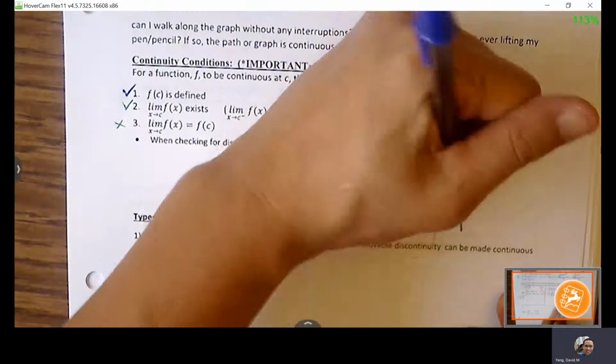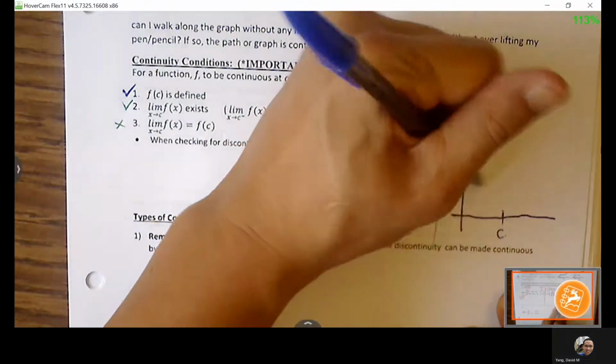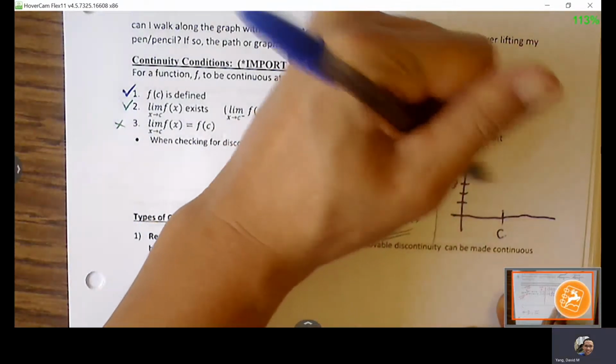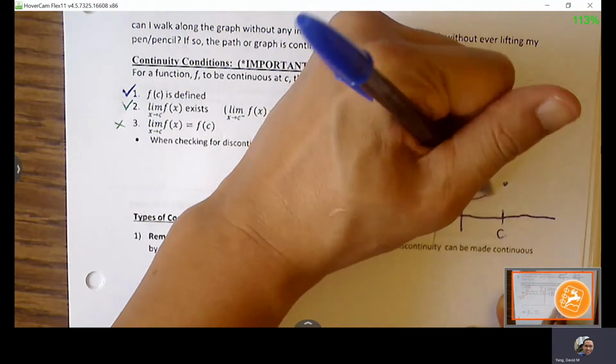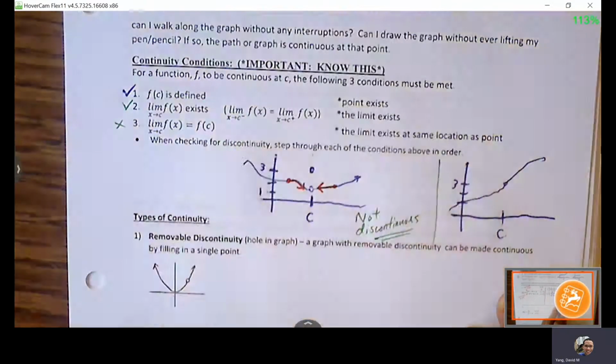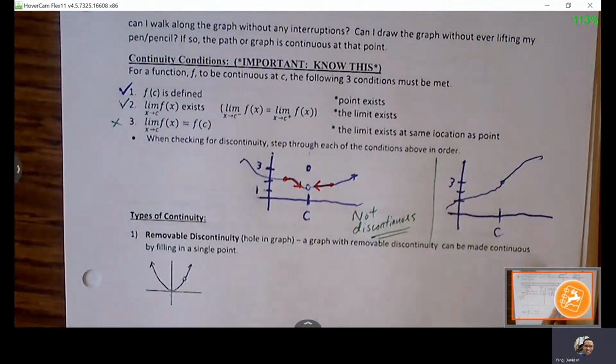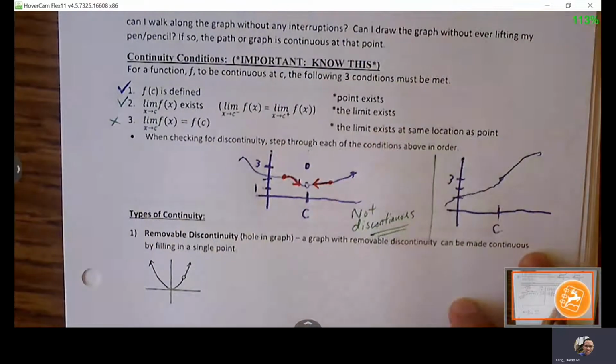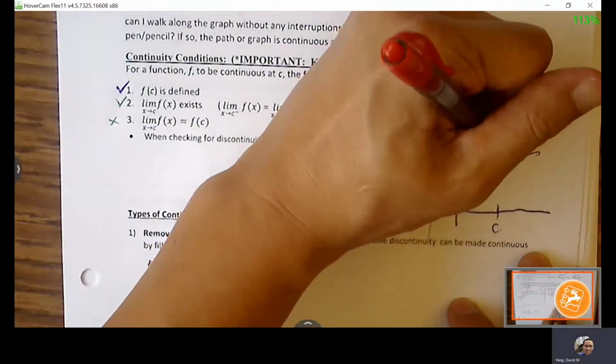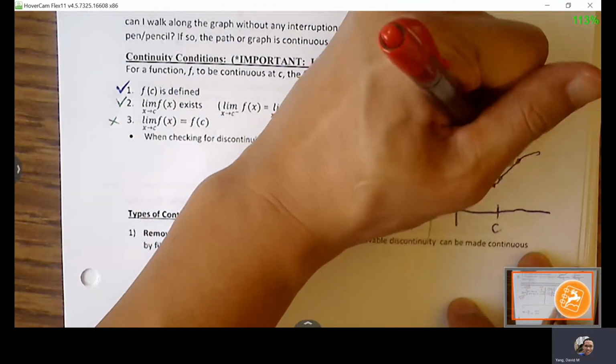But let's say the graph looked like this. The point is here, and the graph goes through that point. So here, the point would be at 3. The limits, take points on either side. My arrows are also headed towards 3.